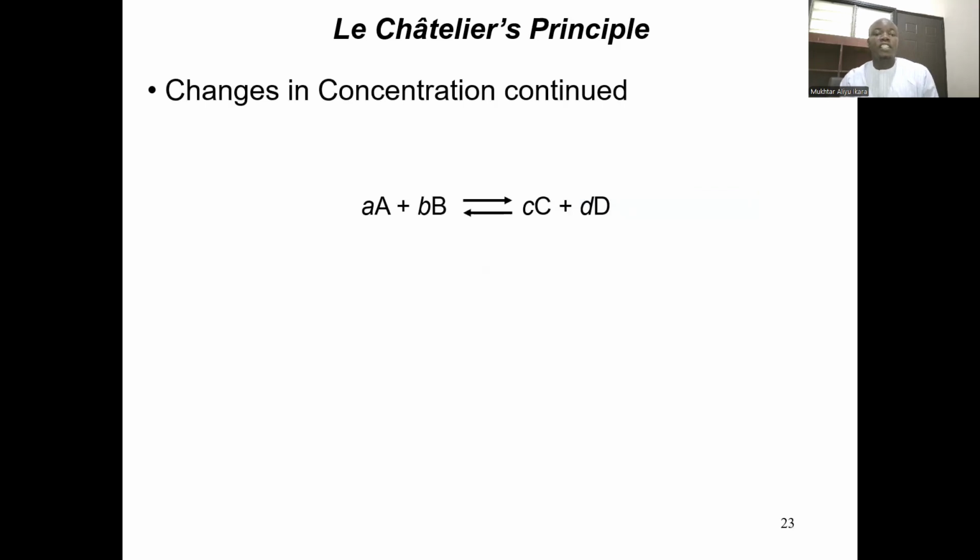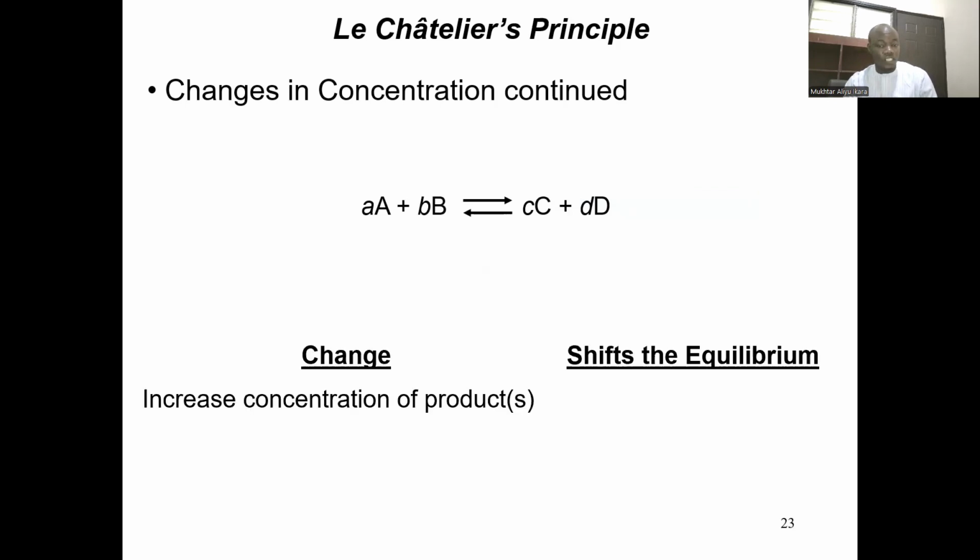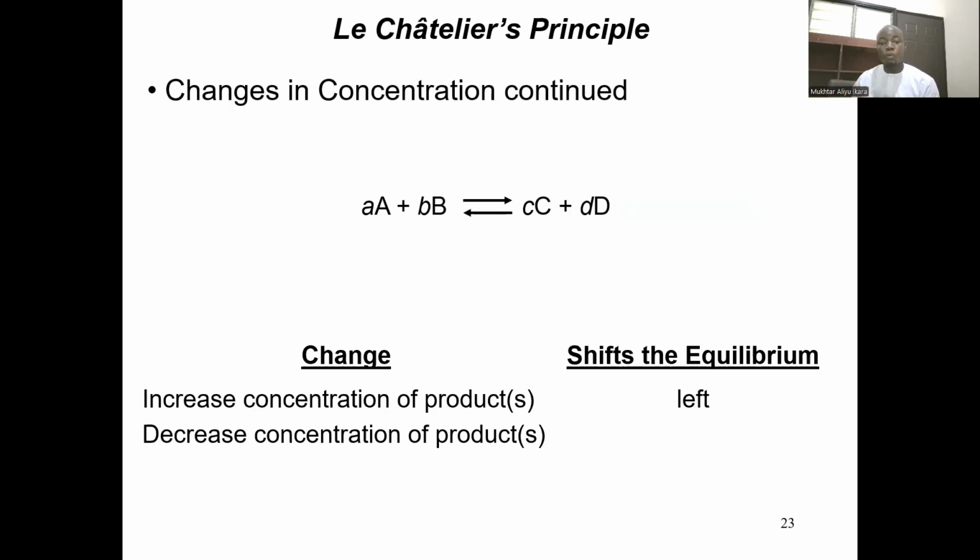So, change in concentration, continued. If you increase the concentration of the product, the reaction will shift to the left, toward the reactant. If you decrease the concentration of the product, it will move to the right to produce more of the product for the equilibrium concentrations to be achieved.